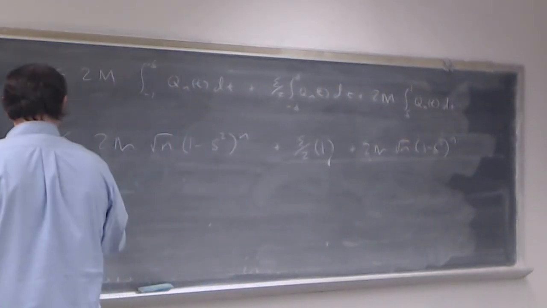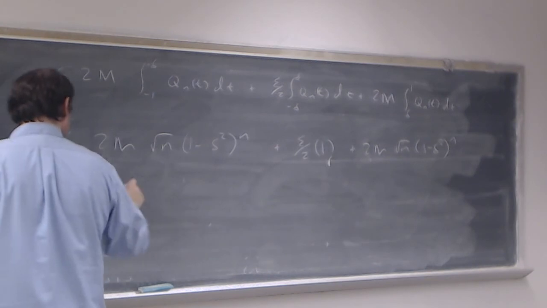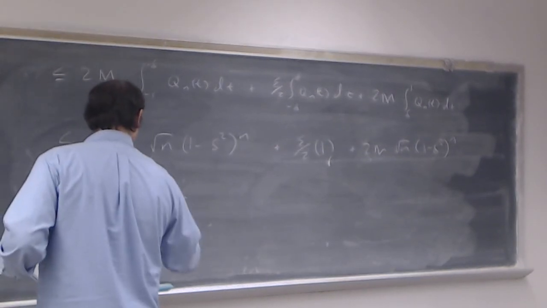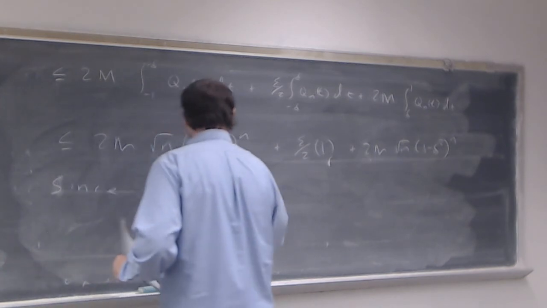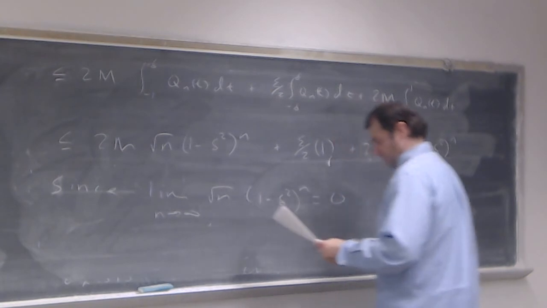Now, as we've shown, the limit as n goes to infinity of the square root of n times (1 minus delta squared) raised to n equals 0.